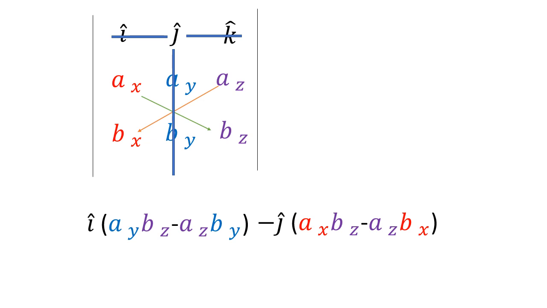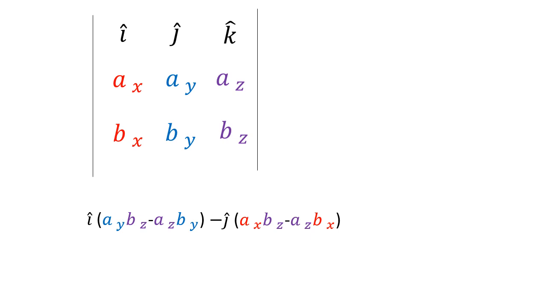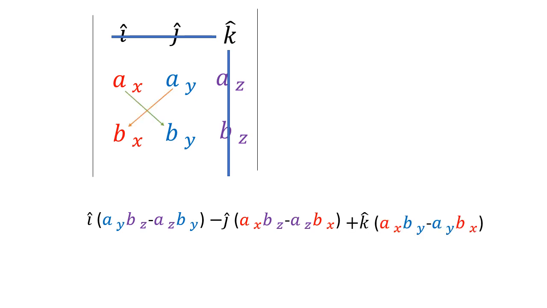The third term, so it is plus, minus, then plus. The third thing is you take k. So the first row and last column are ignored. So plus k multiplied by, in brackets, ax by minus ay bx. This is what we get when you do the multiplication. So a cross b is this one. Remember: plus, minus, plus.